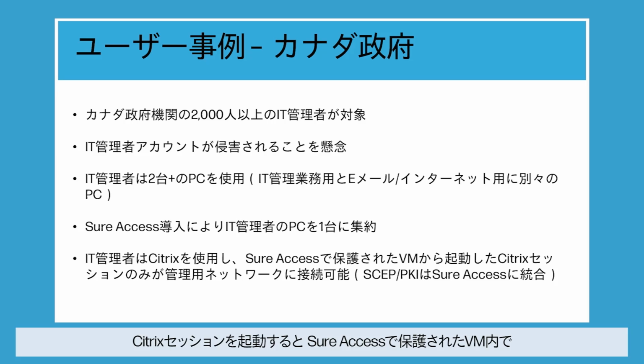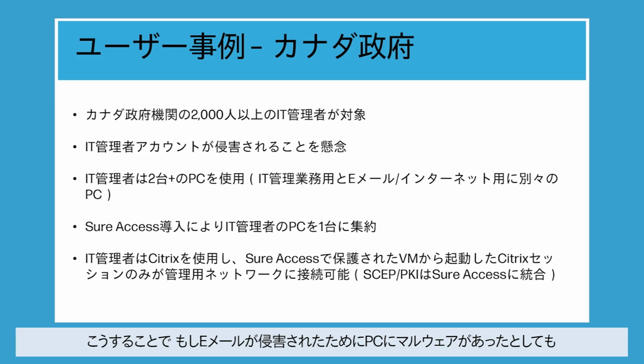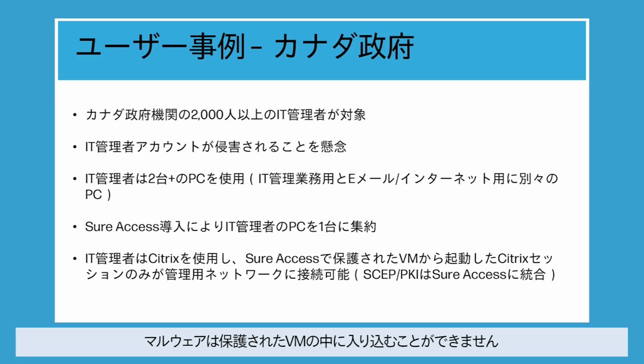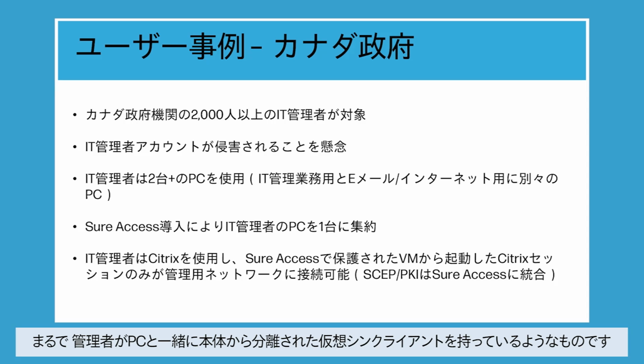And when they launch their Citrix session, we force the Citrix session to open inside the Sure Access protected VM. This way, if there's malware on the PC because the email got compromised, the malware has no way to get inside the protected VM. It's as if we're giving the administrators a virtual thin client that's separate that they're carrying with their PC.